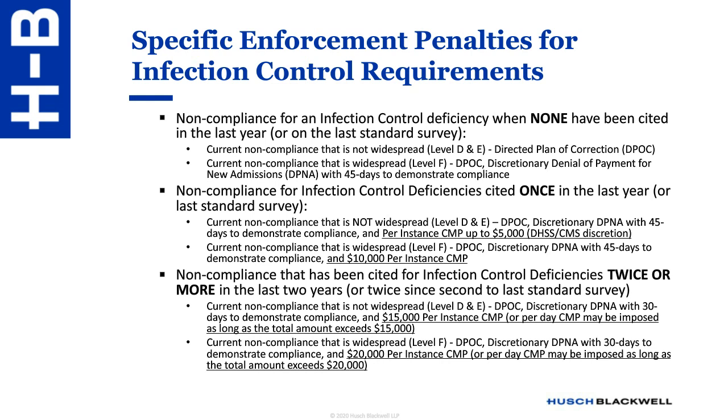If that current noncompliance is not widespread at a D or E level, in addition to what we were just discussing, you can face a per instance CMP of up to $5,000. And if it's at level F, that's increased to a per instance CMP of $10,000.